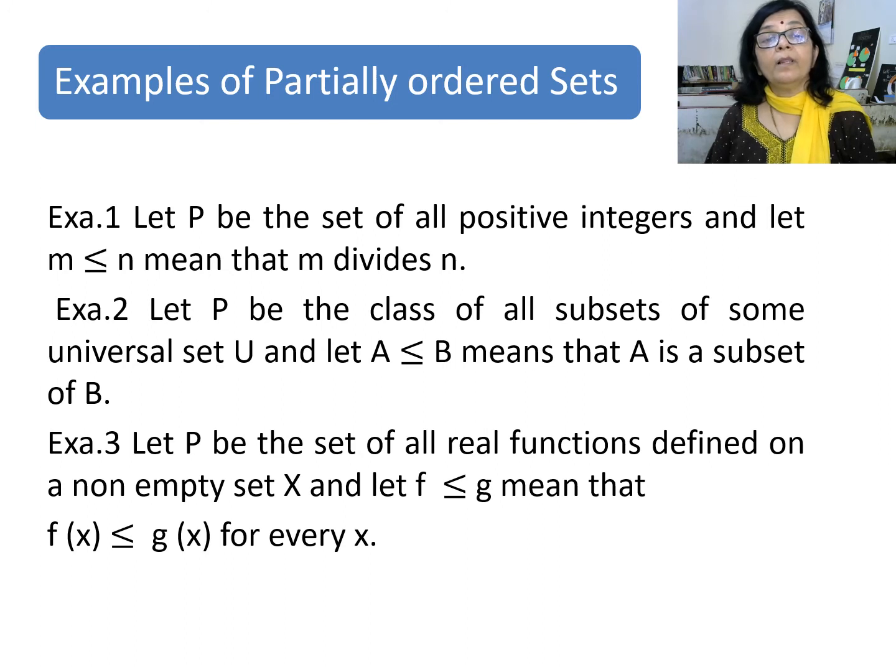Second example, let P be the class of all subsets of some universal set U, and let A ≤ B mean A is a subset of B. Another example is, let P be the set of all real functions defined on a non-empty set X, and let f ≤ g mean that f(x) ≤ g(x) for every x.